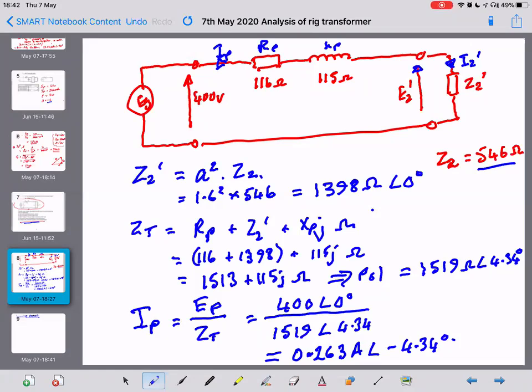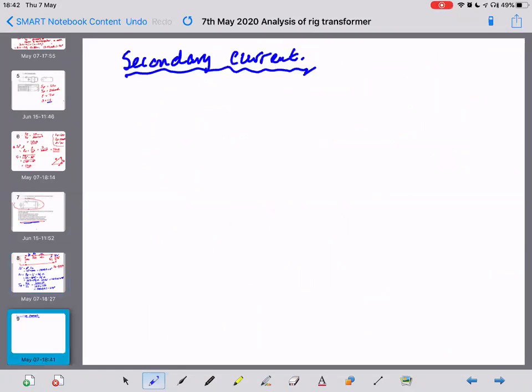But how do we get from I2 dash to I2? When we're transferring from the secondary, how do we get I2 dash? Remember?